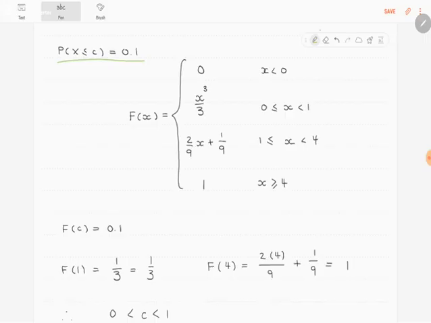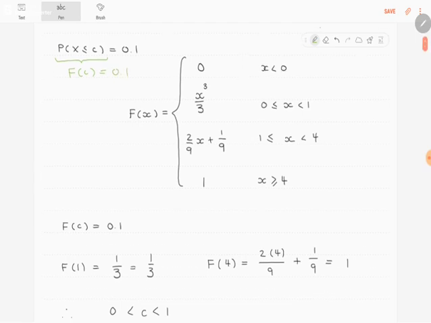Remember, I told you that when you get a CDF, you must never integrate because the integration's already been done. We know how to calculate this in two ways: with a PDF, and when we have a CDF, it is already equal to that. So in other words, we've been asked to find F of c at 0.1.